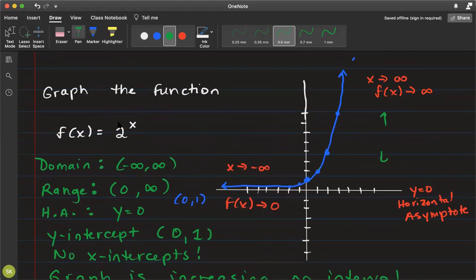Okay, so notice that this number 2, it is greater than 0, but it's also greater than 1. So this number here, 2, is greater than 1. The reason I'm bringing that up is because I want to focus on all exponential functions whose base here is greater than 1.